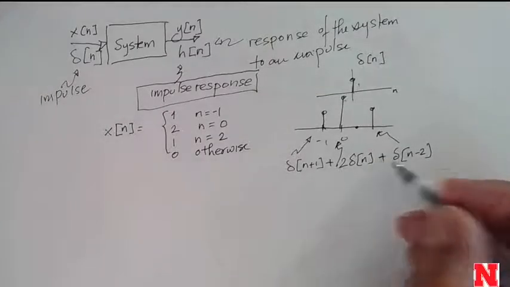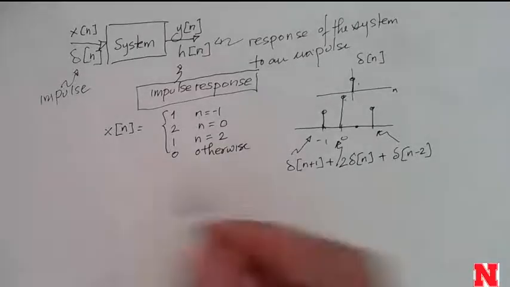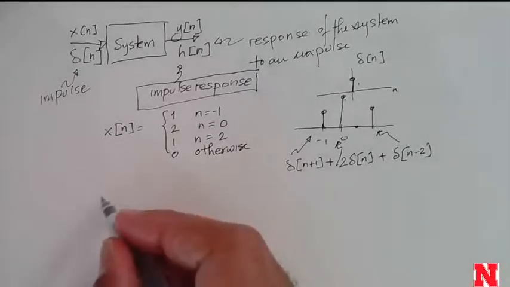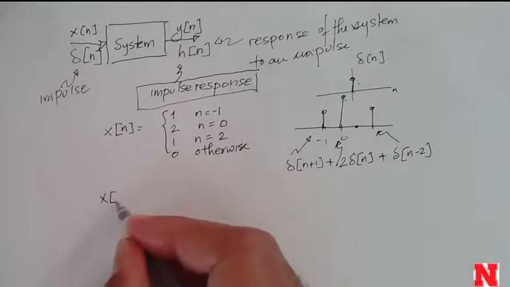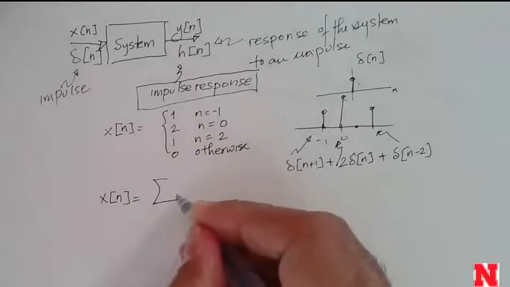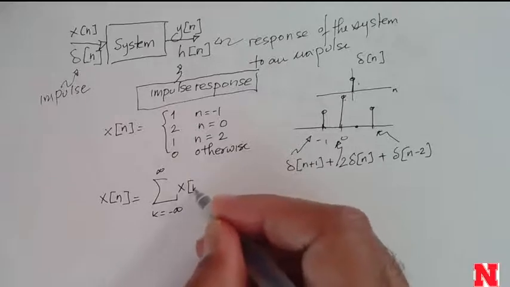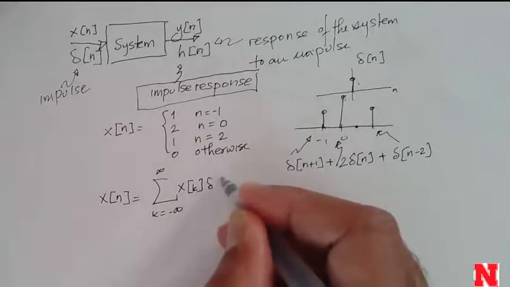And we did this when we talked about the delta function. We showed how we can take an arbitrary x of n and write it in terms of the delta function. If you remember, in general I can write x of n as the summation from k equals minus infinity to infinity of x of k delta of n minus k.